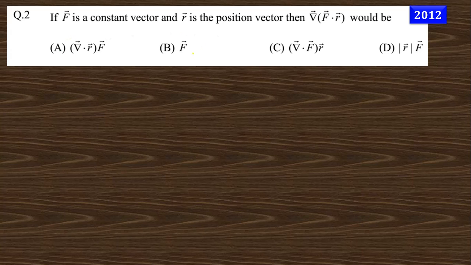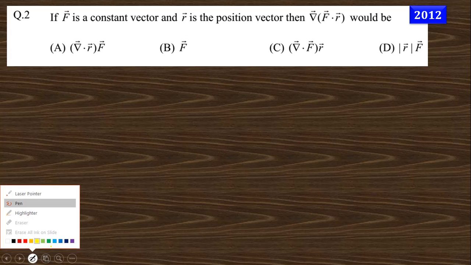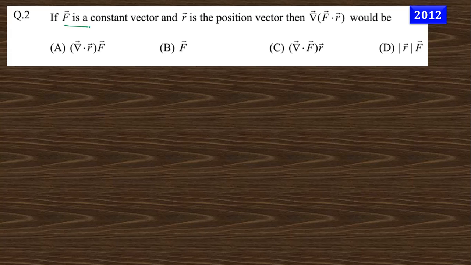If f is a constant vector and r is a position vector, what is the value of this? So at first we find f dot r. What is f dot r?